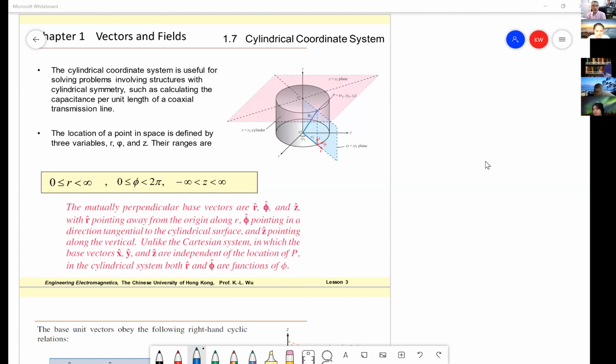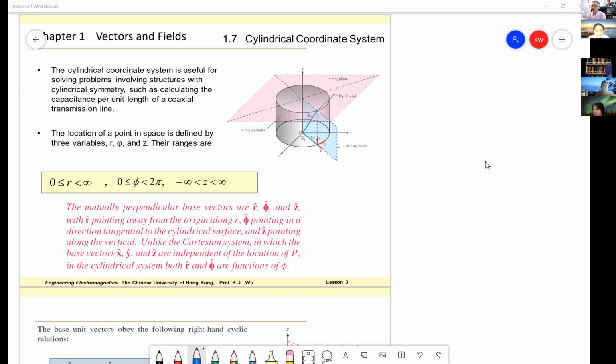When we describe antenna radiation properties, we always use the spherical coordinate system. If you come to the industry and look at an antenna specification, and you don't understand spherical coordinates, you get lost. All right, okay.